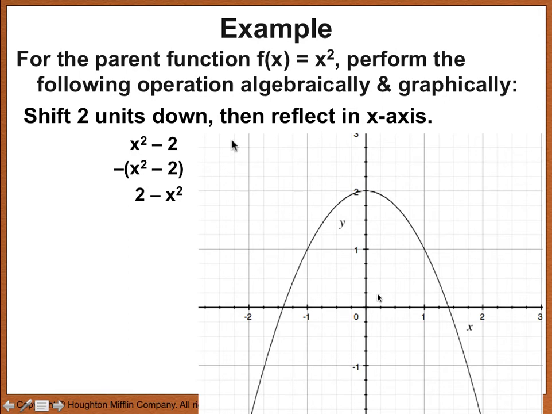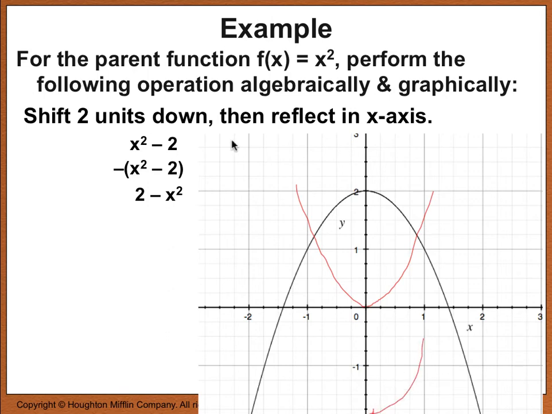When you start with that parent function, you just have an upward-facing parabola. And of course, it's a very rough sketch, but your upward-facing parabola is something like that. That would be your parent function. Well, if I shift that first, the shifted one is going to be down here.